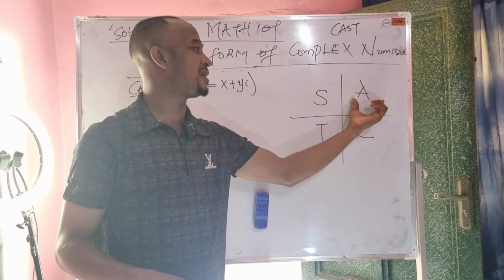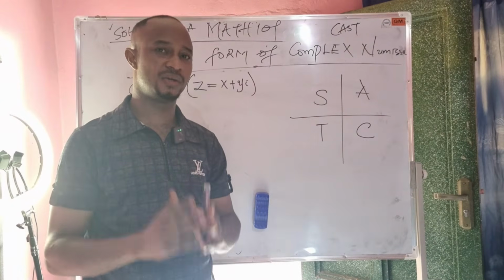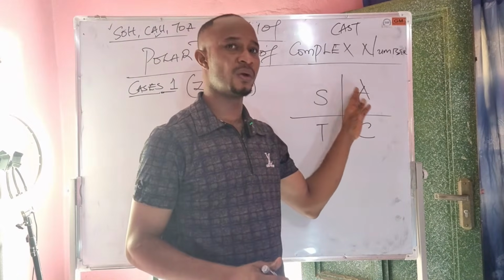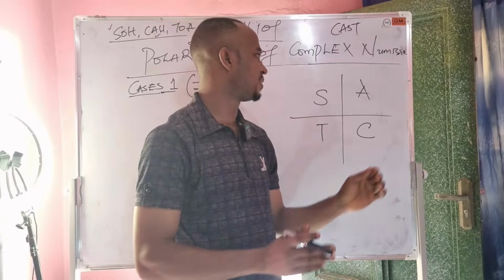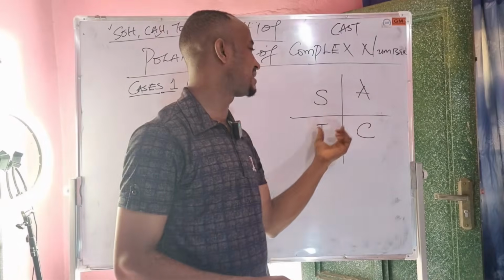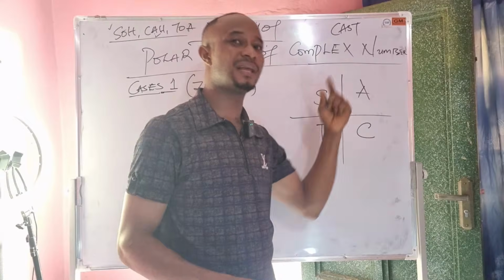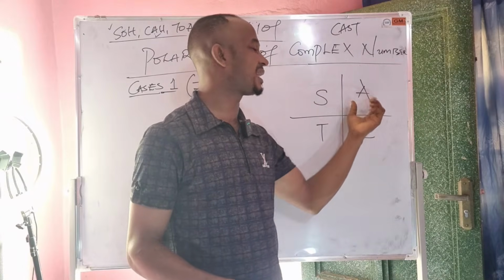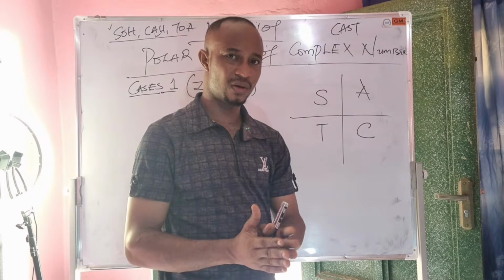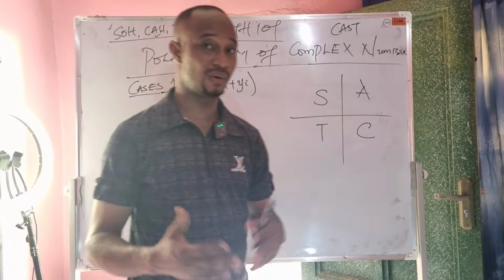Any angle we have in the first quadrant is called an acute angle, an angle less than 90 degrees. So sine, cosine and tangent of that acute angle are positive.